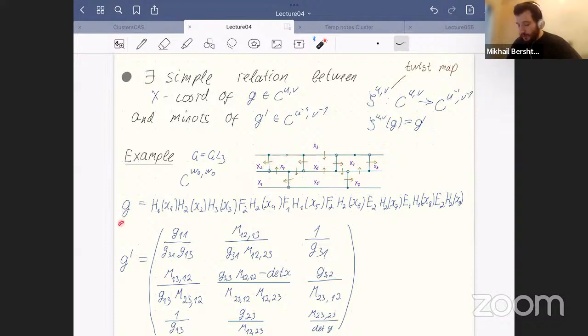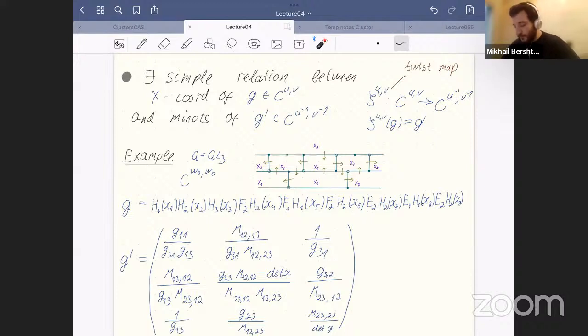And the corresponding group element has the following factorization: F2, F1, F2, then E2, E1, E2. And after each E or F, we have H with the same index. And we have 9 variables, which correspond to the faces of the corresponding graph, or connected components of the complement of this graph, if you want.